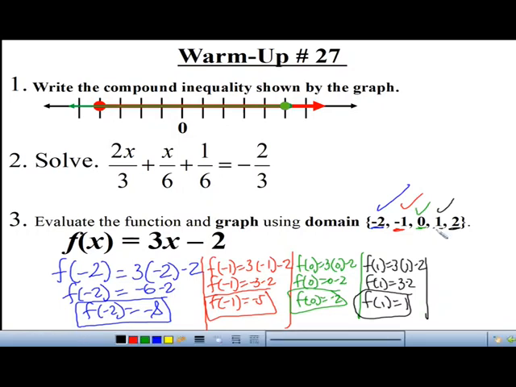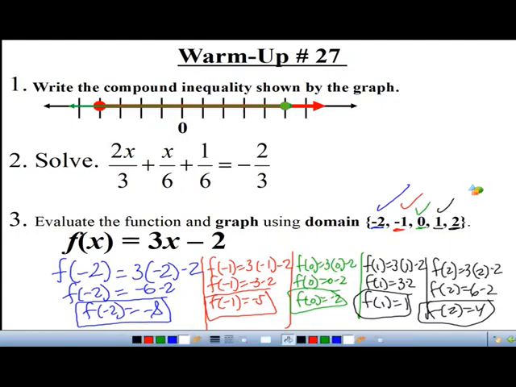Okay. So I'm at f of 2 equals 3 times 2 minus 2. F of 2 equals 6 minus 2. F of 2 equals 4. And those are my evaluations of all the domain using the function given.